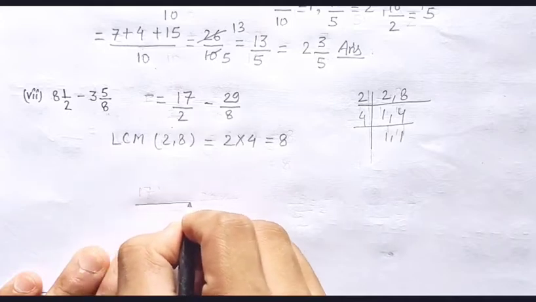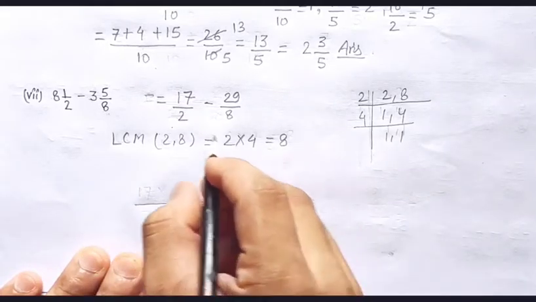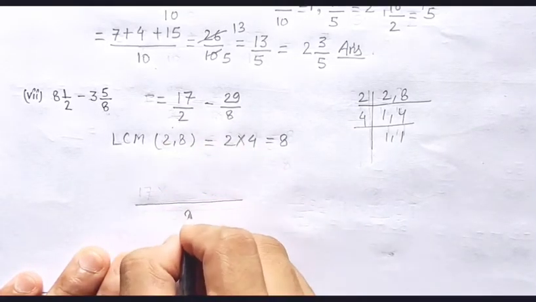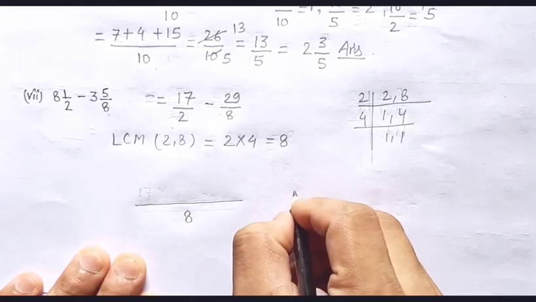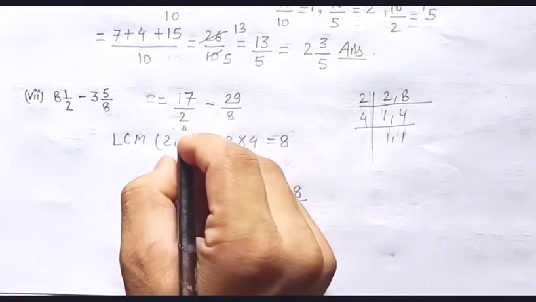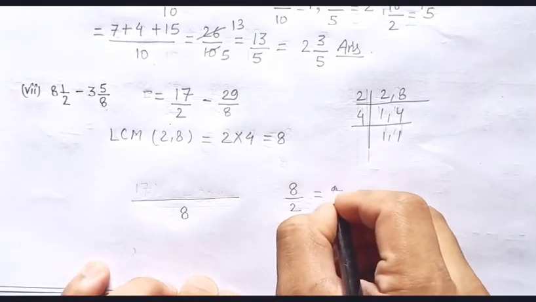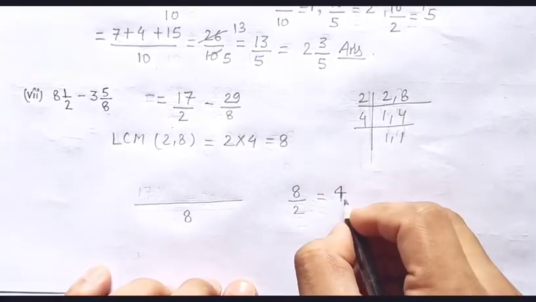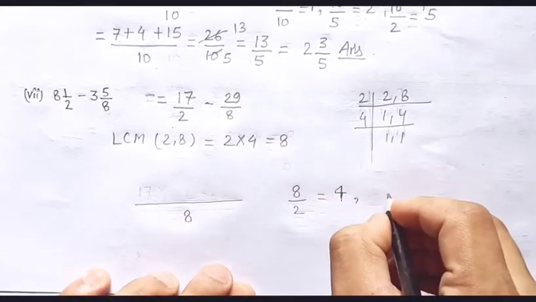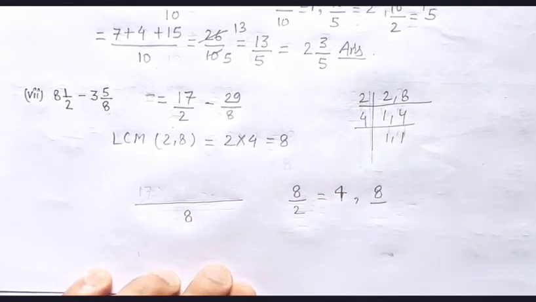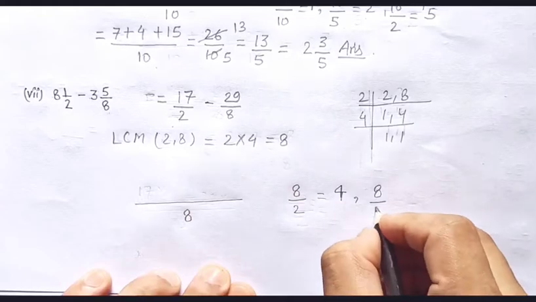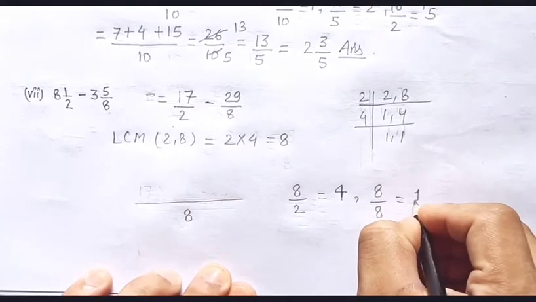We put in the denominator the LCM of the denominators, that is 8. And you know, when the LCM 8 is divided by the denominator of the first fraction, 2, it gives quotient 4. And when the LCM 8 is divided by the denominator of the second fraction, 8, it gives quotient 1.